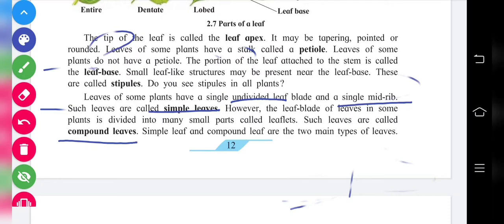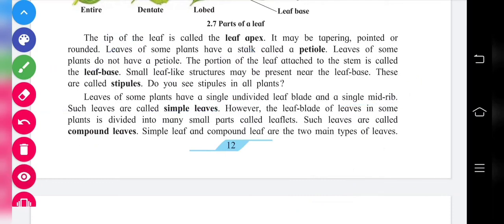Compound leaves have many leaflets, and a single undivided leaf blade is called a simple leaf. So there are mainly two types of leaves, simple leaves and compound leaves.